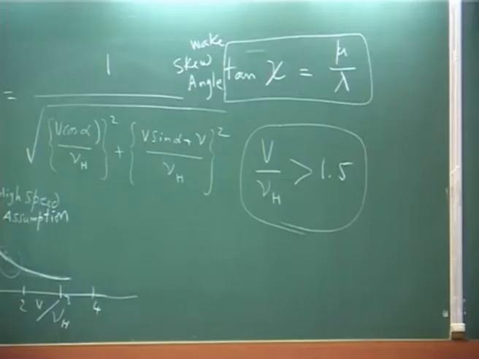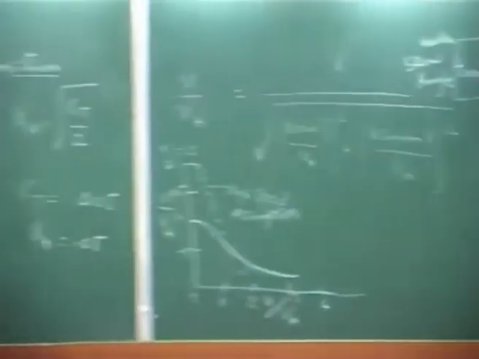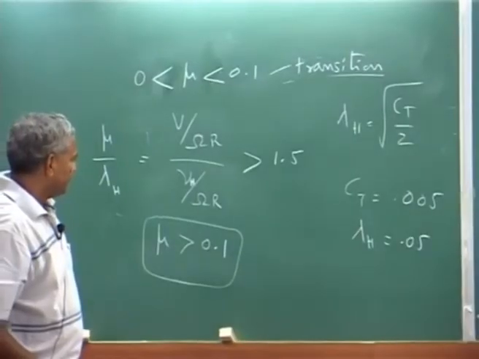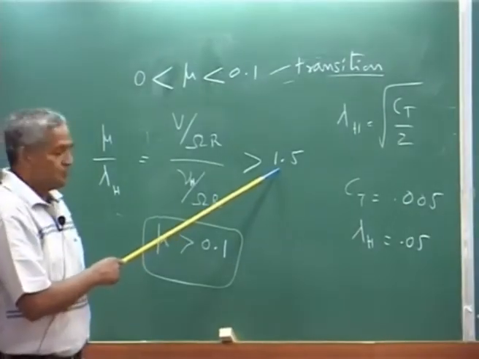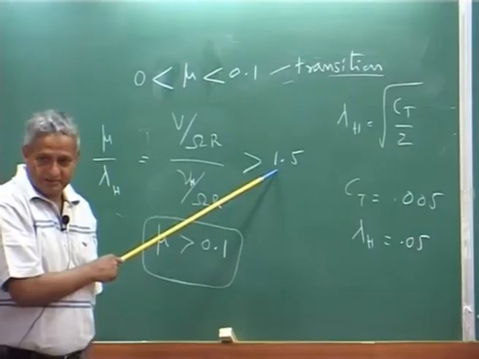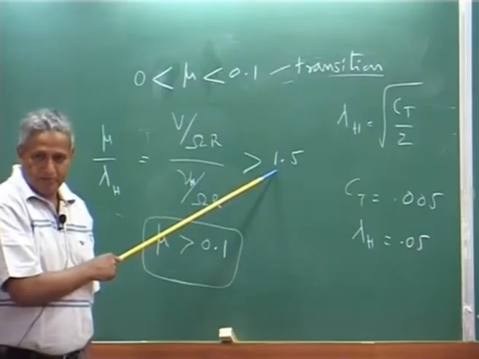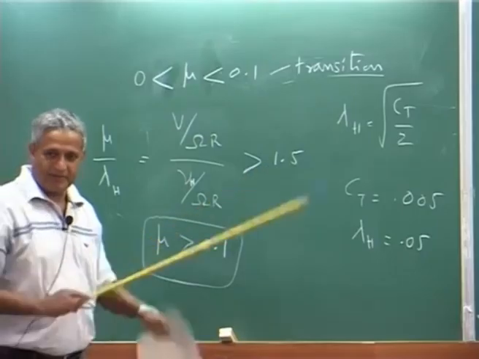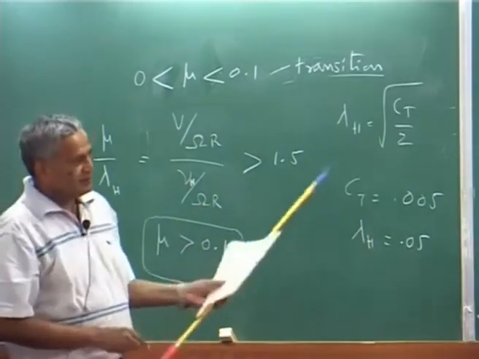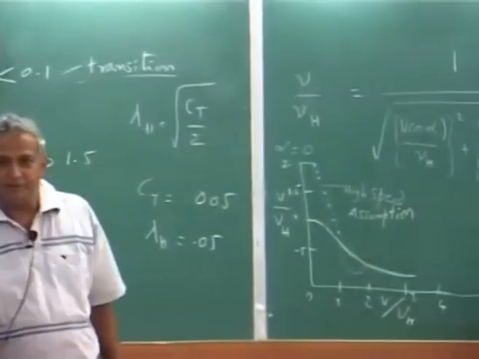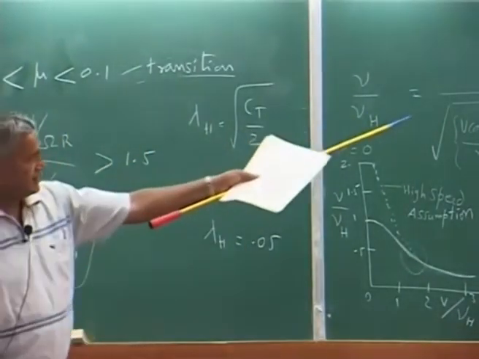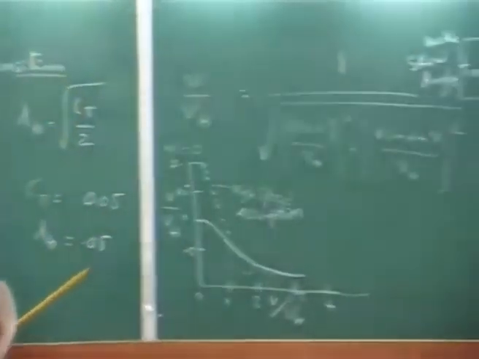and if we apply this rule, we said that mu over lambda h is approximately 1.5. If you take it, usually the angle becomes 0. When mu is 0, tan chi is 0, that is straight.